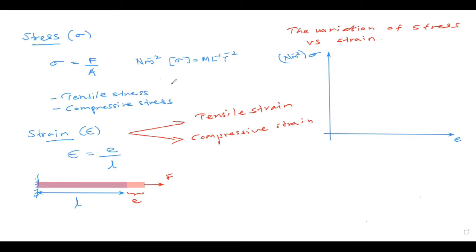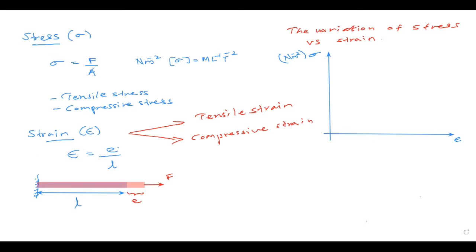Now I take a material and start from zero force. If the external force is zero, there is no extension, so the graph starts from the origin: the extension is zero, so the strain is zero.